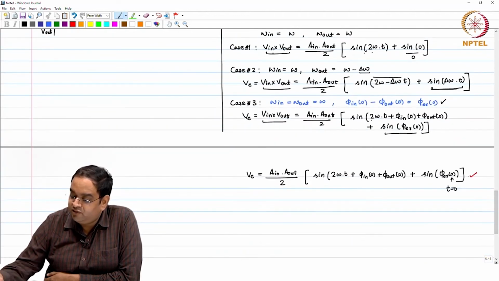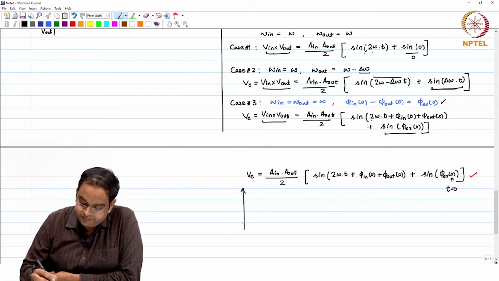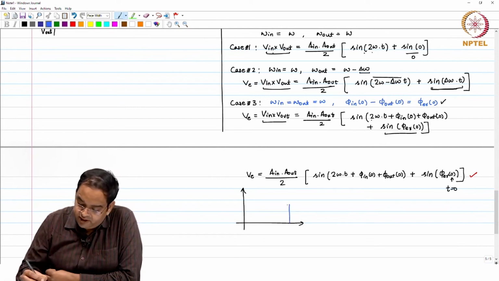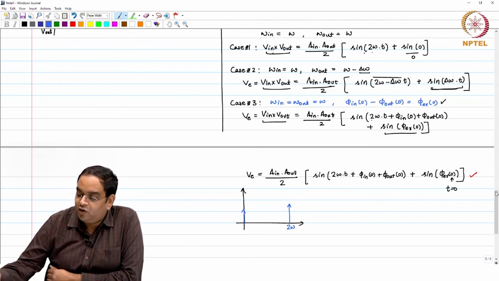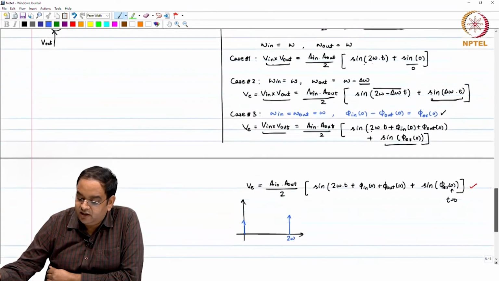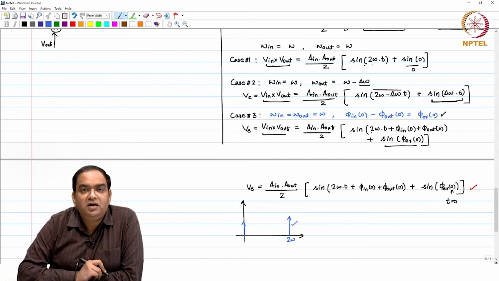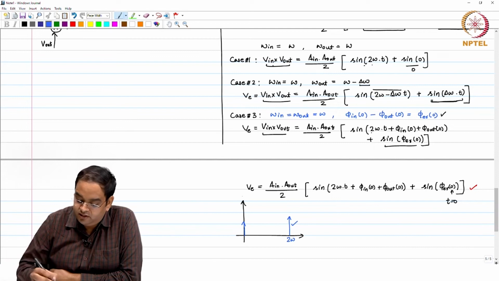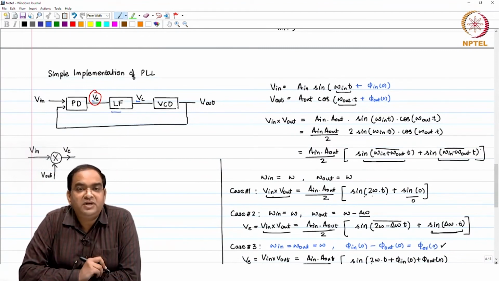If I look at the frequency spectrum of this V error signal, there are two components, one at 2 omega, the other at DC, and I need to operate on the phase error. That means I have to reject this 2 omega component, and the loop filter is going to help us do so.